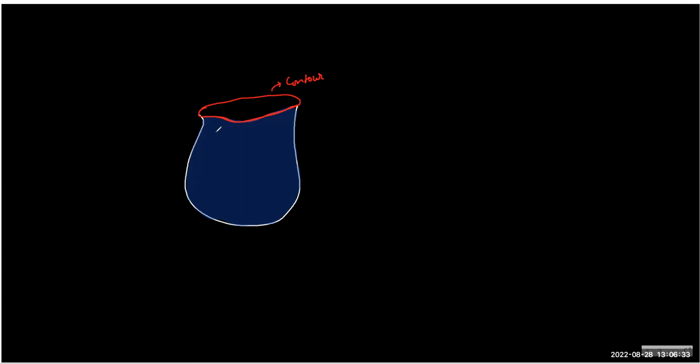You're trying to find the edge of a surface, which is an open surface. So I can take a flat surface as well. Even a flat surface will have a contour, yes or no? Yes, because a flat surface is anyway an open surface. So contour will be there also.